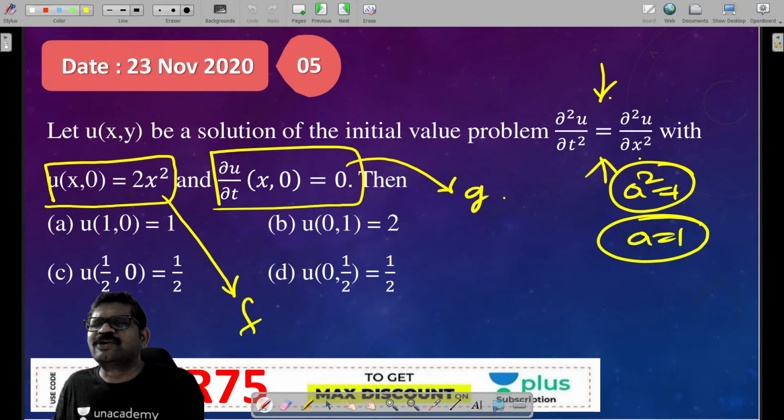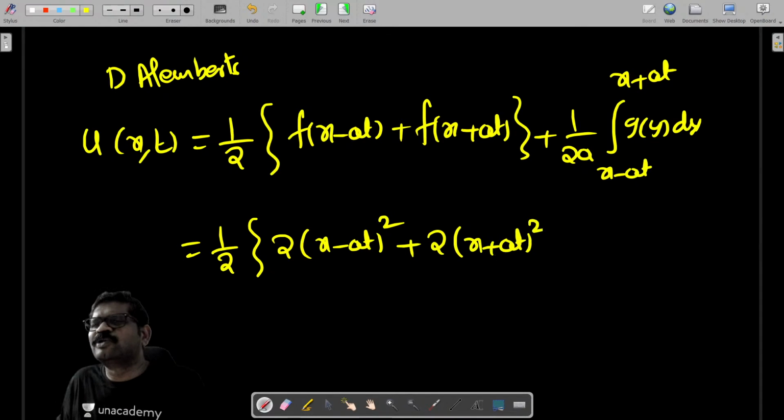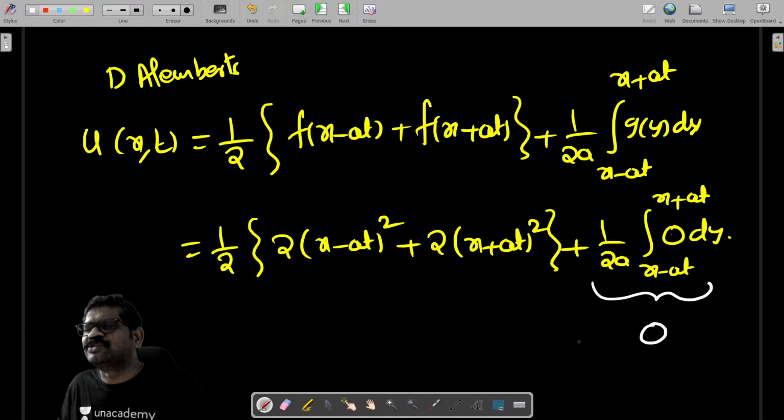What is f of x? 2x square. So 2 into (x minus at) whole square, 2 into (x plus at) whole square, plus 1 by 2a integral from x minus at to x plus at of g of y, which is 0, dy. After simplification, anyhow this term is going to become 0.